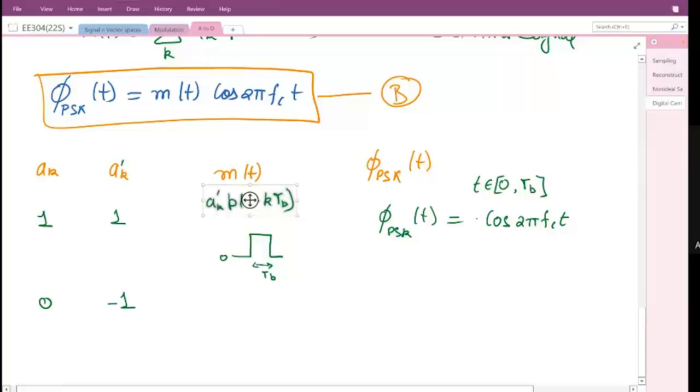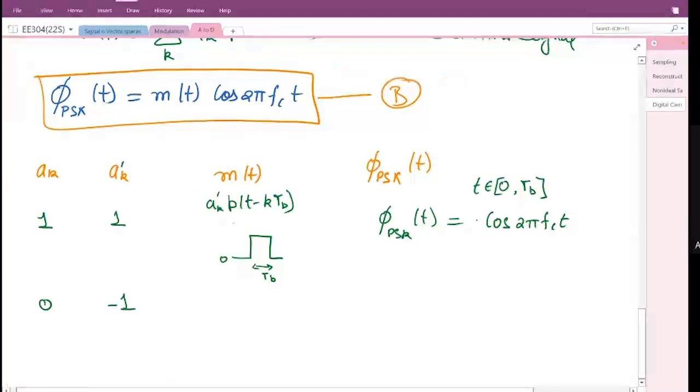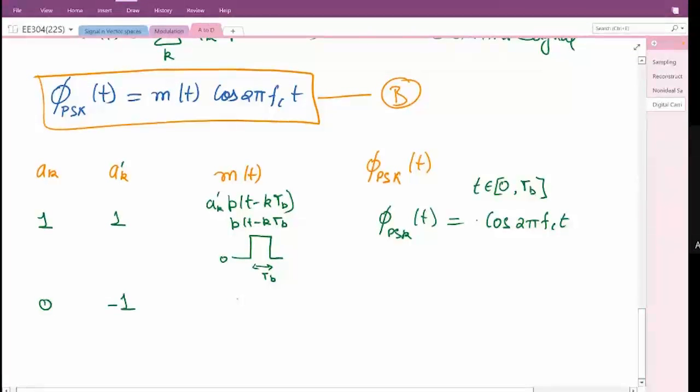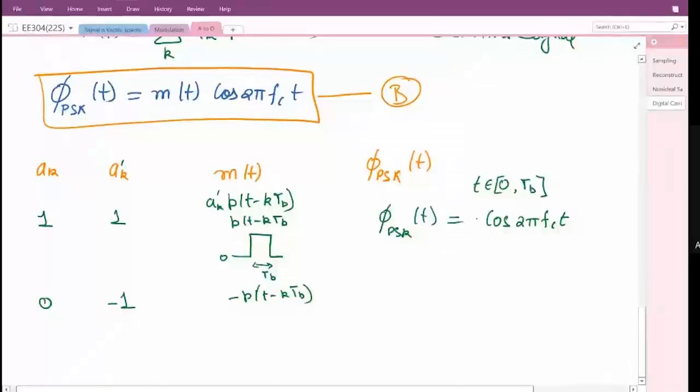Because AK prime is 1, this is P of T minus KTB, which can be drawn like this. When AK prime is minus 1, this should be minus of P of T minus KTB, and that should be this pulse, where this is 0. Yes or no? Yes, sir.